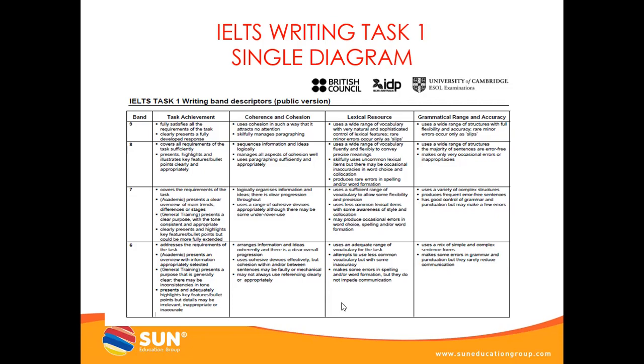Lexical resources is the vocabulary. So if your target is 7.0, you need to use a sufficient range of vocabulary to allow some flexibility and precision. So you know how to use synonyms, antonyms, and how to paraphrase. And you use less common lexical items with some awareness of style and collocation. You know how to use idioms, and you use them correctly. How many idioms? One or two idioms are just enough. Don't overuse.